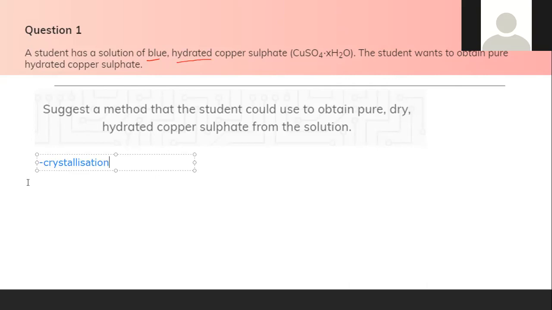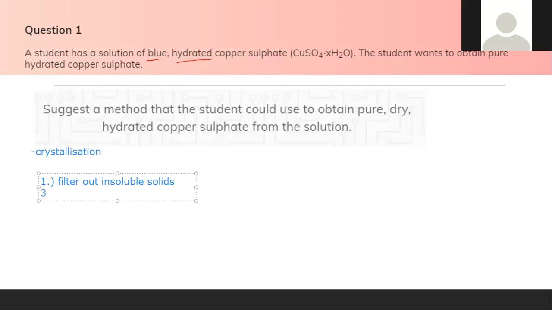So from that, we go through a suggested method to get there. So we would say we would filter. Here we go. So the first step, if we think back to crystallization, we're going to filter out any insoluble solids.